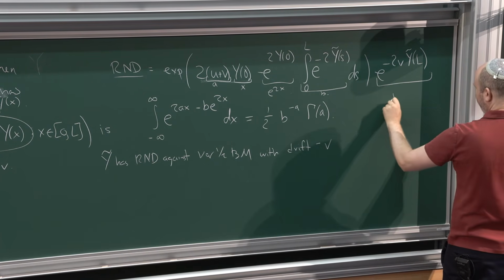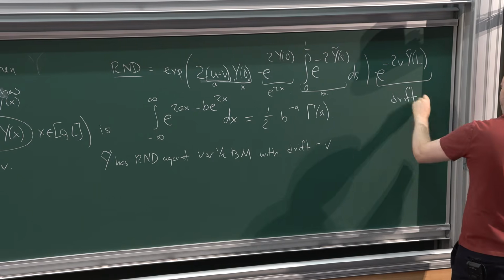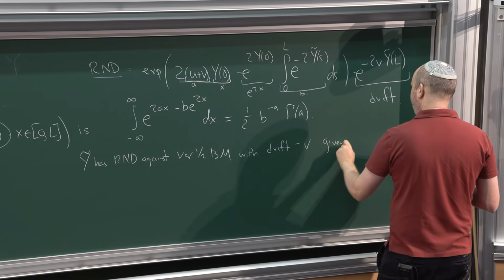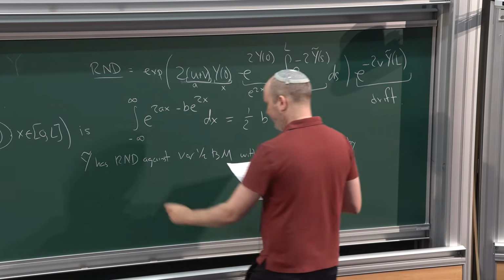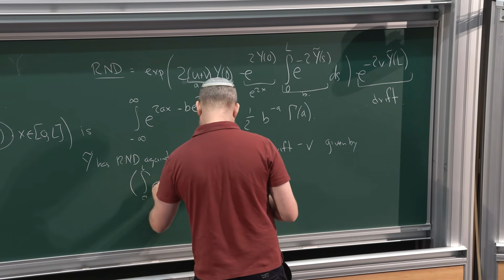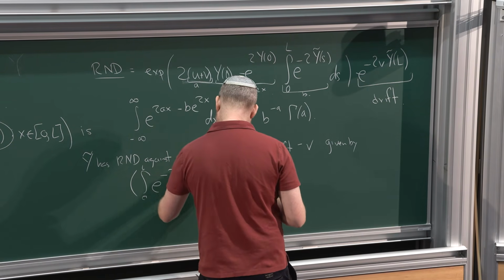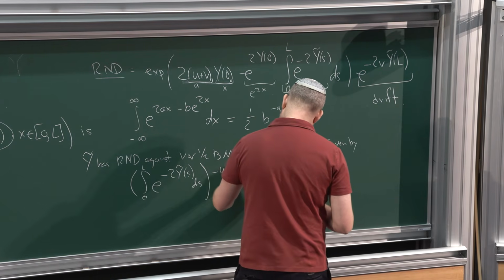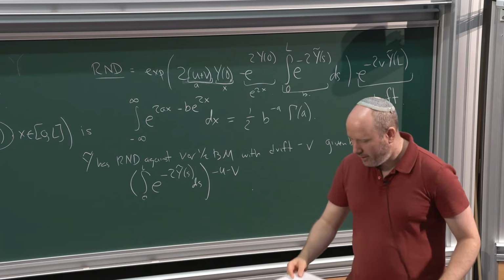This creates a drift for my Brownian motion, which is given by this expression.